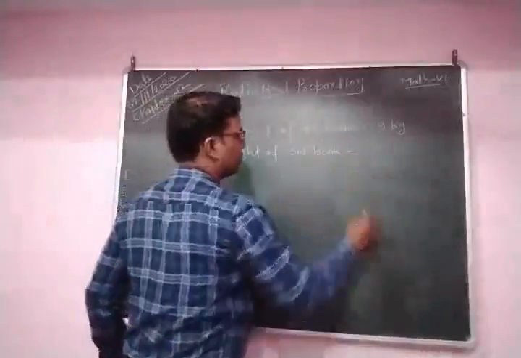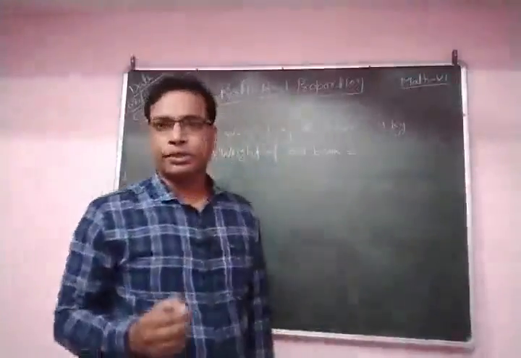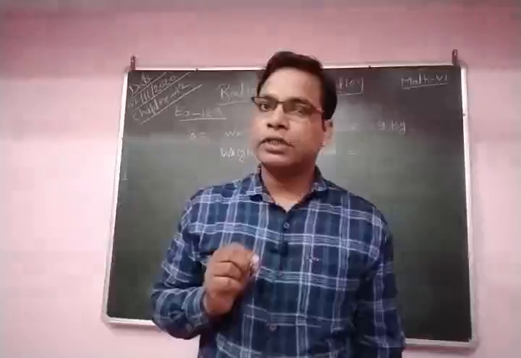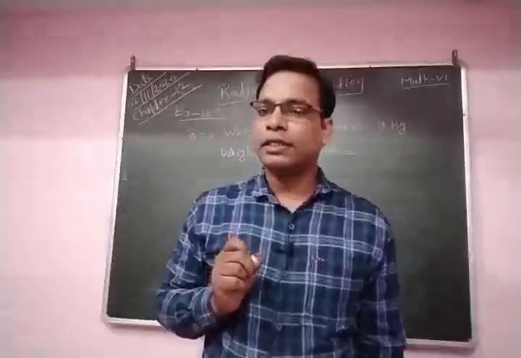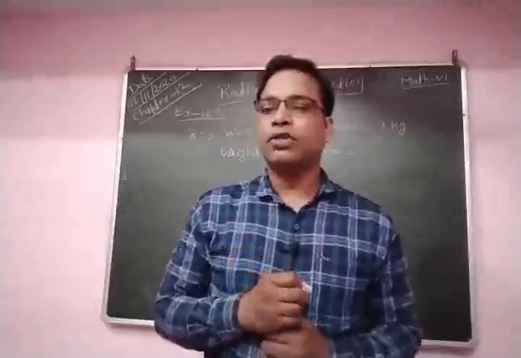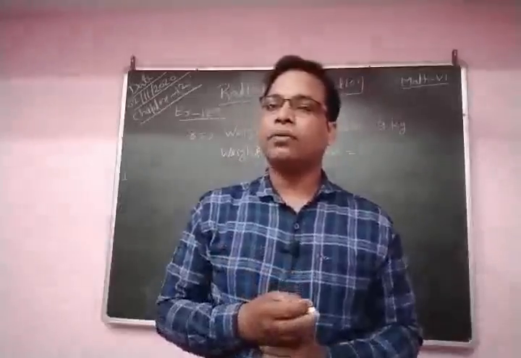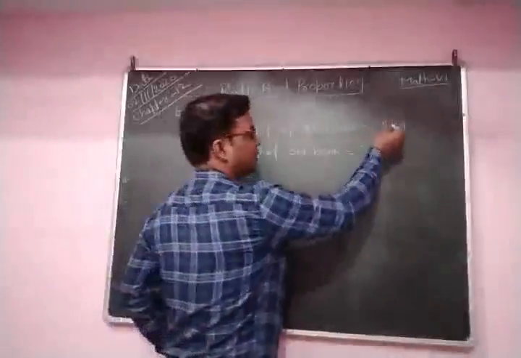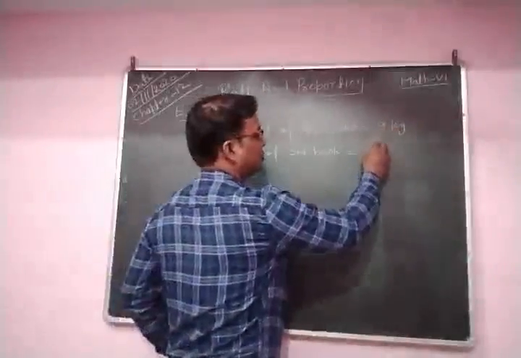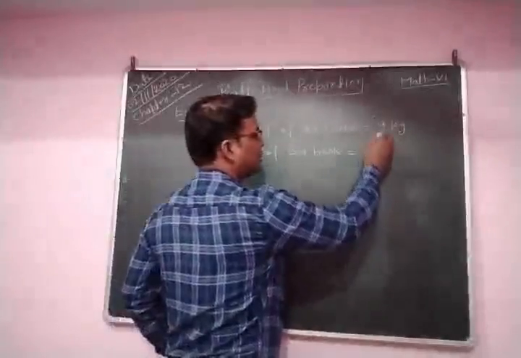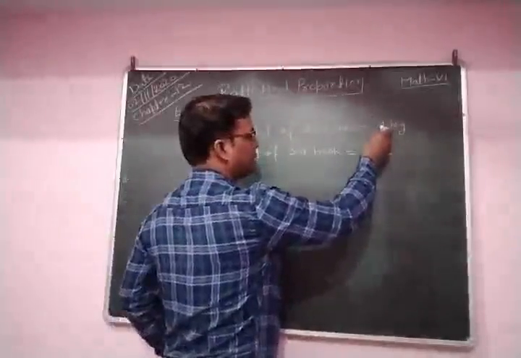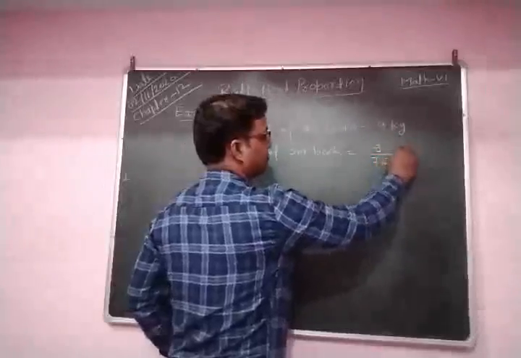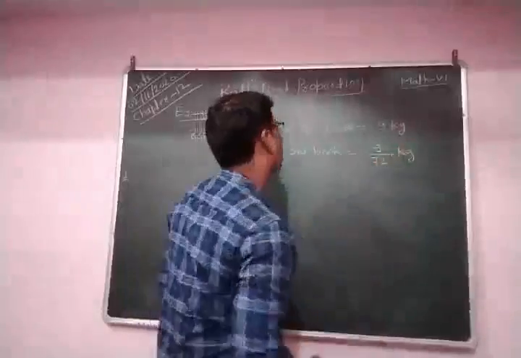In this question it is given that the weight of 72 books is, sorry, 9 kg. So first we find the weight of 1 book. For this you can write this is the weight of 72 books. So if you divide 9 by 72, we obtain the weight of 1 book.